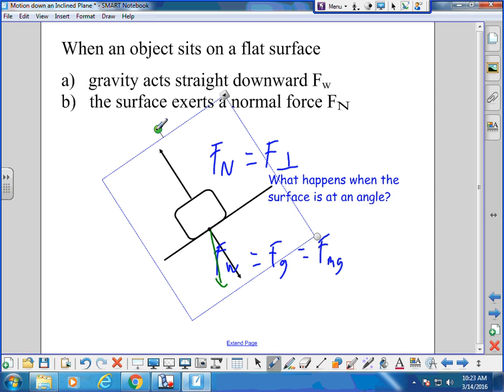But the normal force, or perpendicular force, is always perpendicular to the surface, which is now this way. And you'll notice that in green, this FW, which is down, and the F perpendicular, which is sort of off, cockeyed like that, are they balanced?